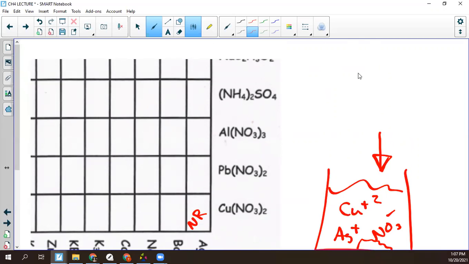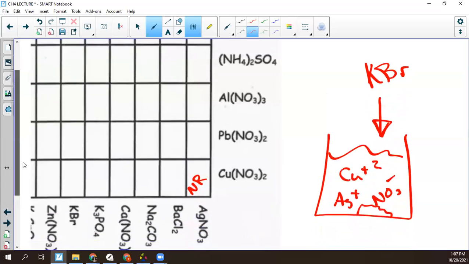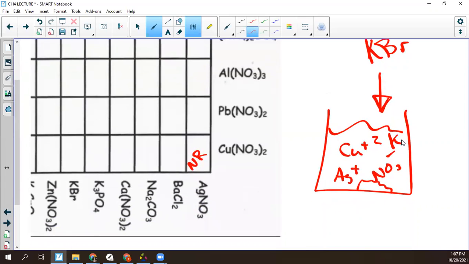I need a deliverer, so let's put in KBr, potassium bromide. I mix this in and now I have K+. Is it going to hook up with anything in here? Nope. The only thing it could hook up with is NO3, and NO3 never forms a precipitate.